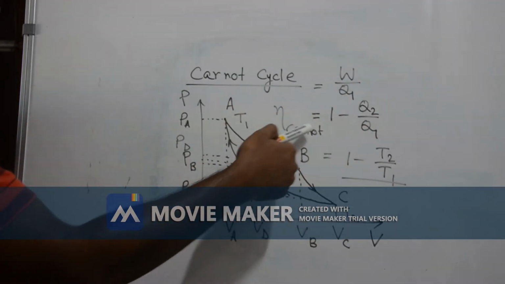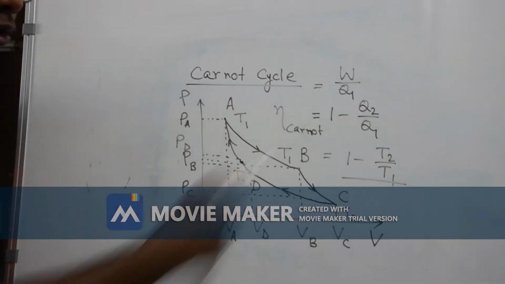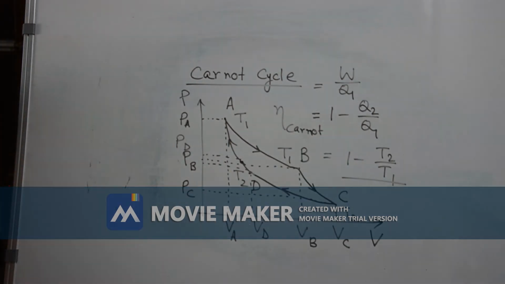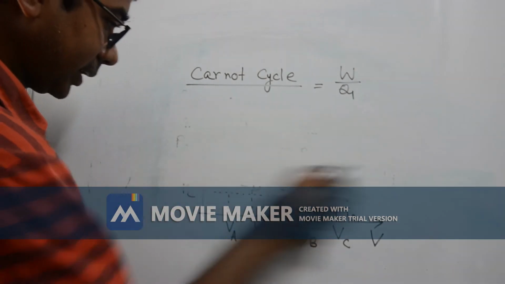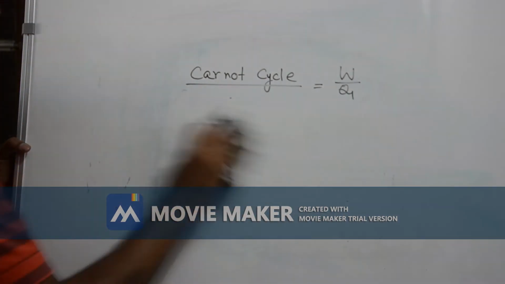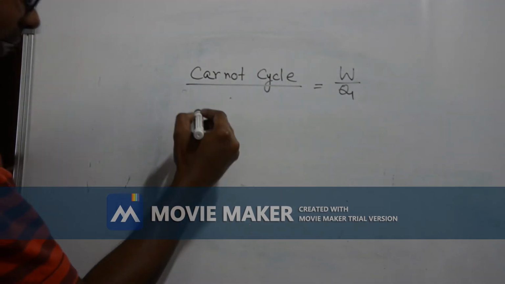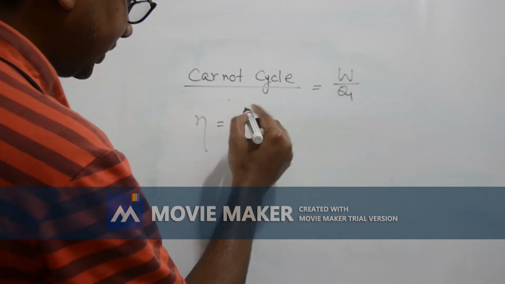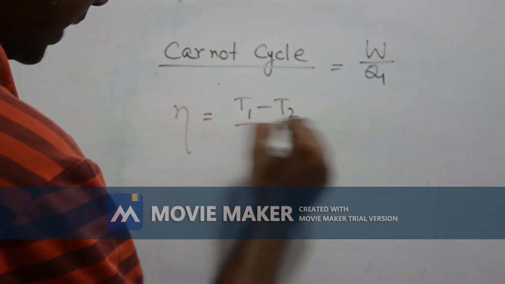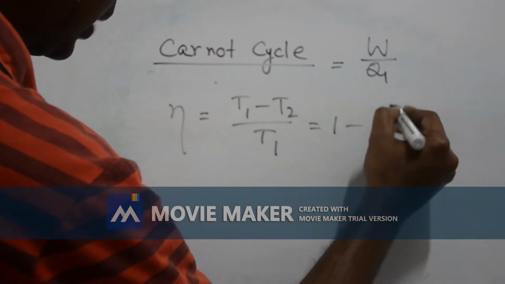We can directly calculate the efficiency of the Carnot engine by looking at the temperature of the particular sink. So we can write that eta will be 1 minus T2 by T1.